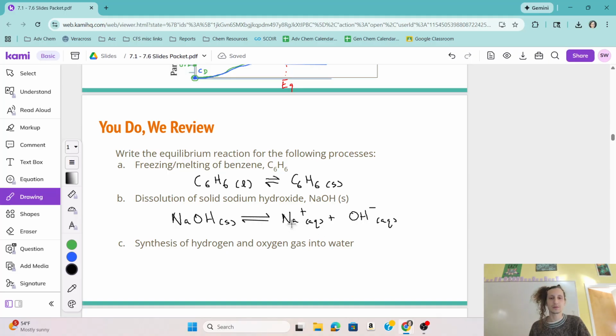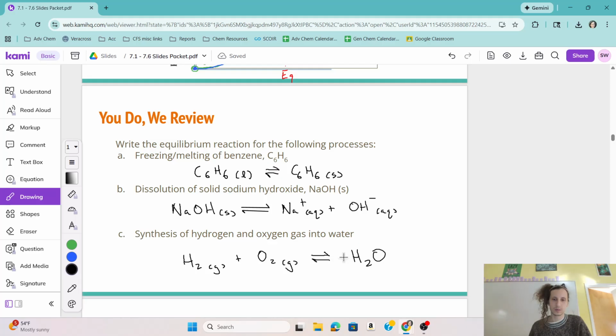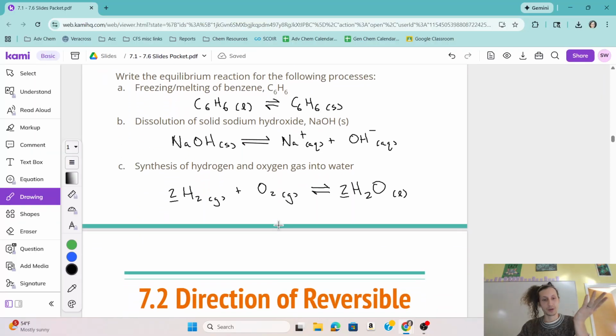Those dissolved ions are also precipitating back out into sodium hydroxide. And then lastly, synthesis of hydrogen and oxygen gas. So that's going to be H2 gas and O2 gas forming water. I think you get the idea now. Let's see, we'll need liquid, coefficient of 2, coefficient of 2. Really nothing crazy here, just use your double arrows.